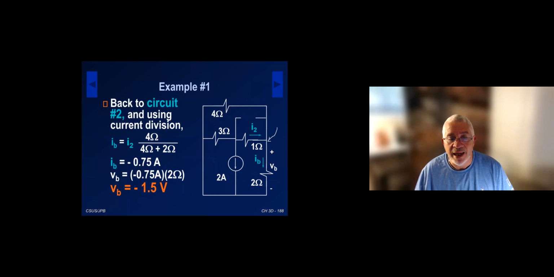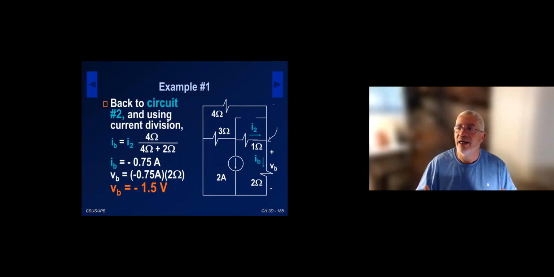And then I get IB to be -0.75. And once I get IB, I can have VB. Again, it's a roundabout way. You would have been perhaps better off and easier to do a full-on nodal or mesh in this particular problem. But I just wanted to show you a little bit of a different approach here.